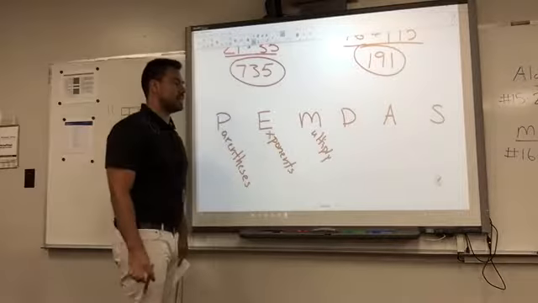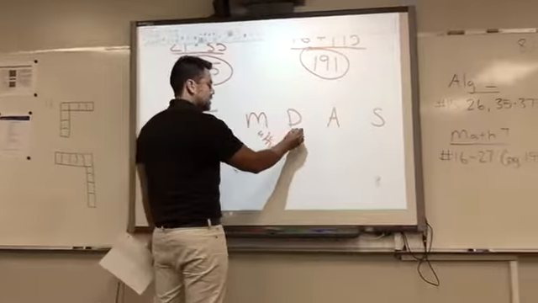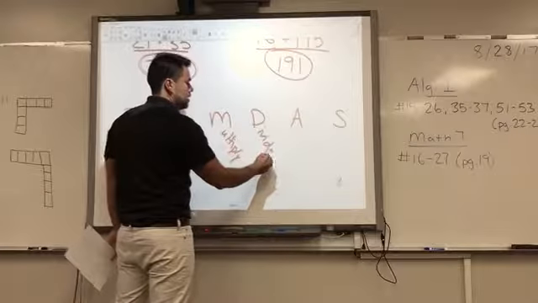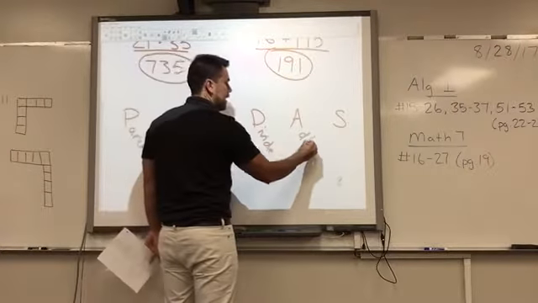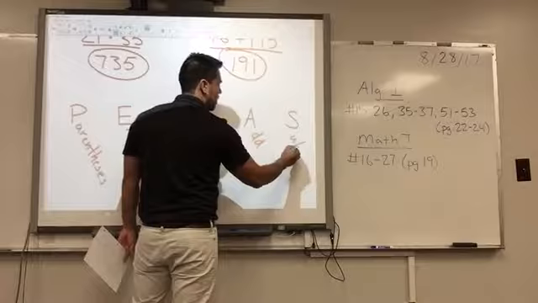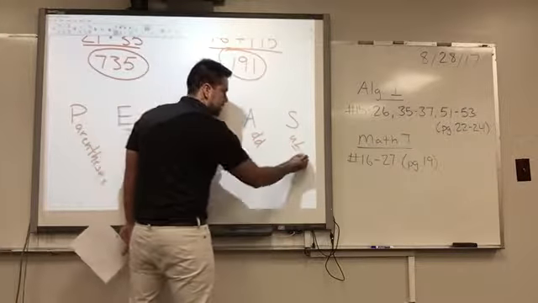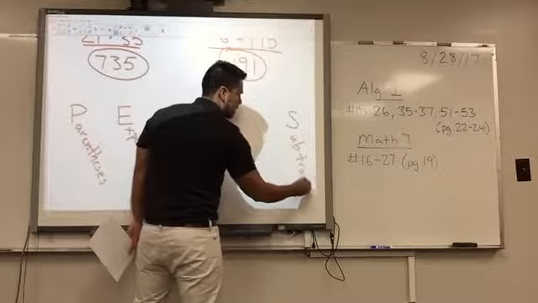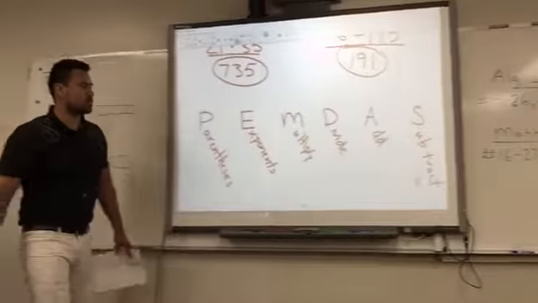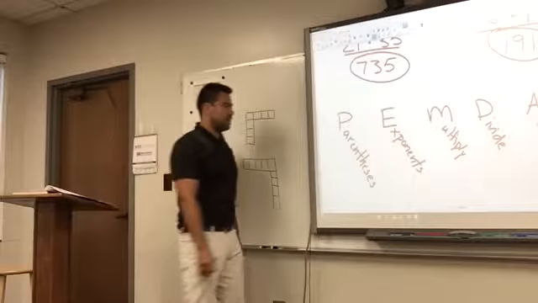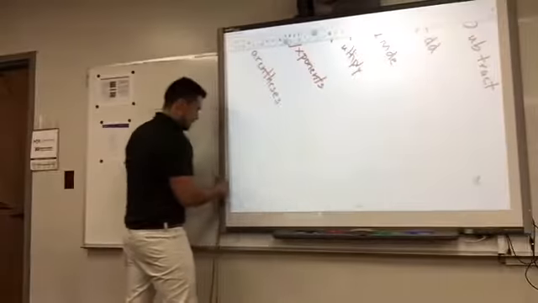So we multiply next, then what do? Divide. Then we add, and then subtract. All right, so you guys see what this acronym stands for. We're all good with that. No problems there.